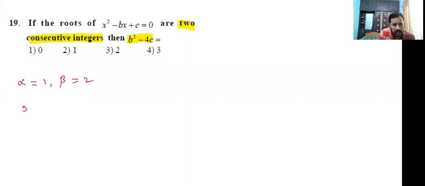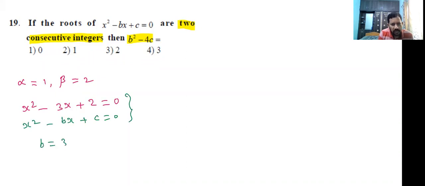Form the quadratic equation. x square minus sum of the roots into x plus product of the roots is equal to 0. This is the quadratic equation. But already given, the two roots are consecutive, so this is the quadratic equation x square minus bx plus c is equal to 0. By comparing these two, what is the b value? 3. c value 2.